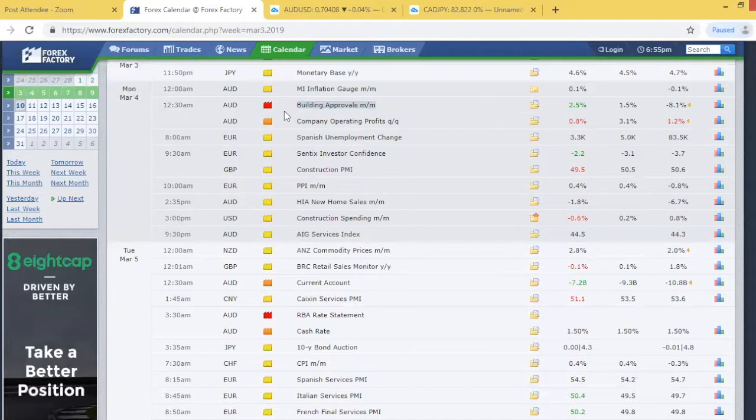The reason being that although these positive figures were forecasted in regards to building houses, there was still a lot of uncertainty elsewhere within their economy.